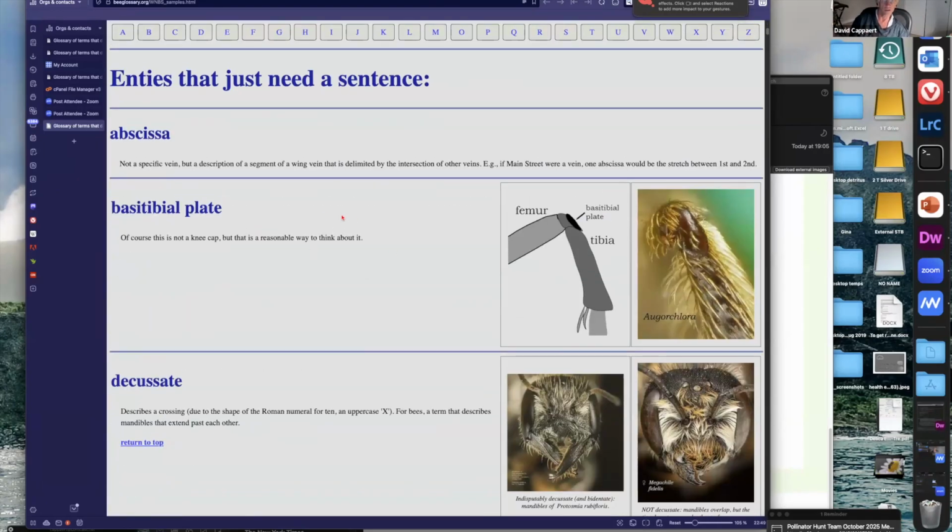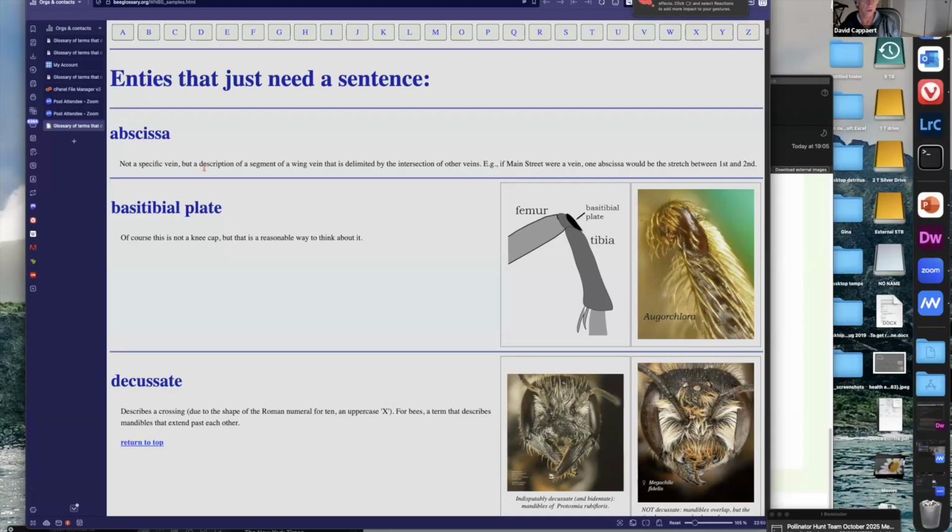And here are the kinds of things I wanted to put in here and the rationale for it. Some entries just need a sentence. So abscissa, I didn't know what it was, but apparently it's a piece of a vein between cross-sectional veins.